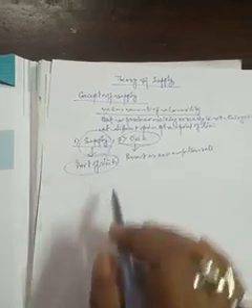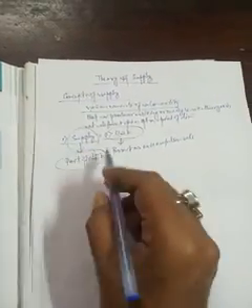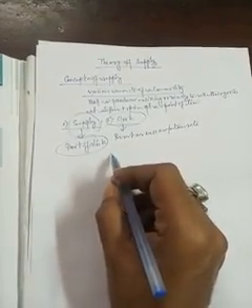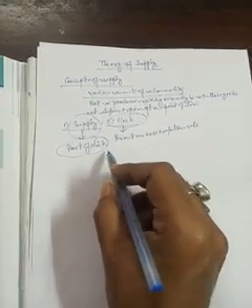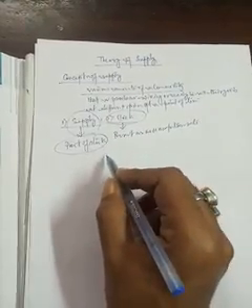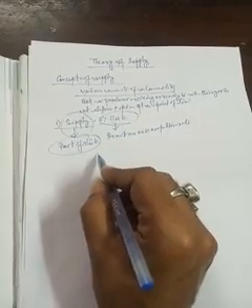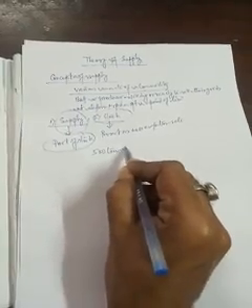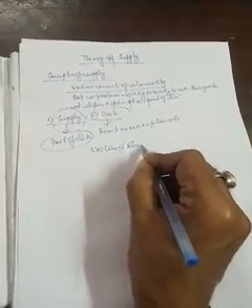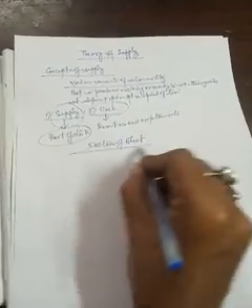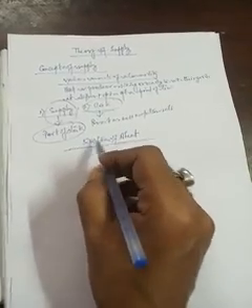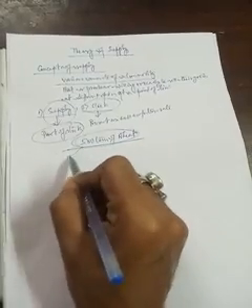So take an example. Suppose a producer produced 500 tons of wheat. So these 500 tons is the stock of the producer.